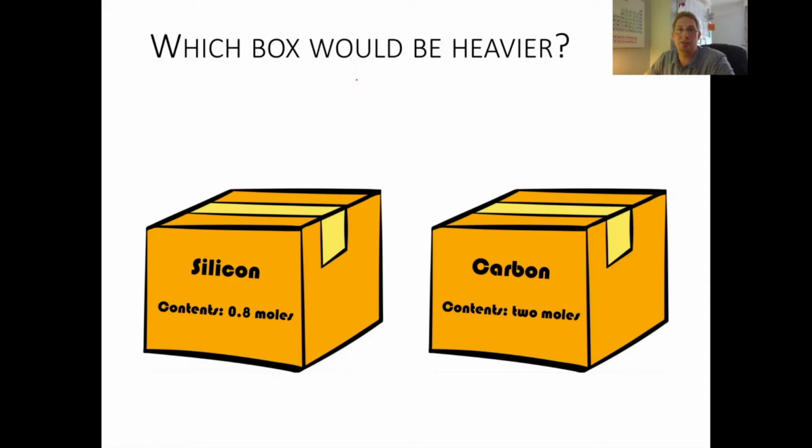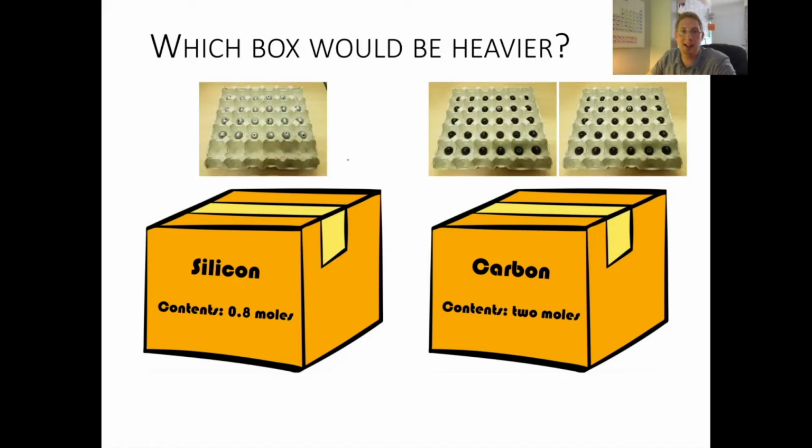Have a think, which of these boxes would be heavier? 0.8 moles of silicon, 2 moles of carbon. Well, hopefully you've realised that silicon has a formula mass of 28, so the whole tray would weigh 28 grams, and if we've got 4/5 of a tray, 4/5 times 28 is about 22.4 grams from memory.